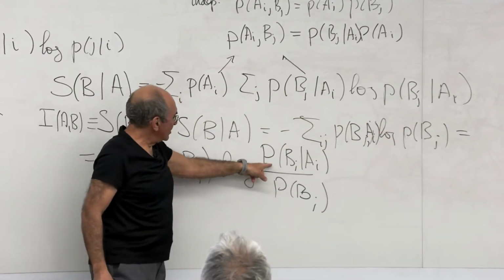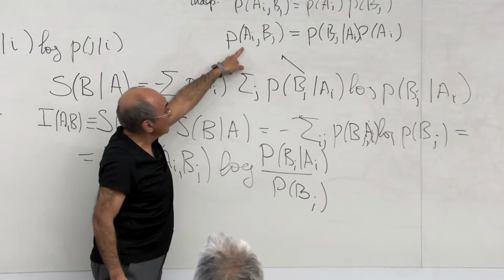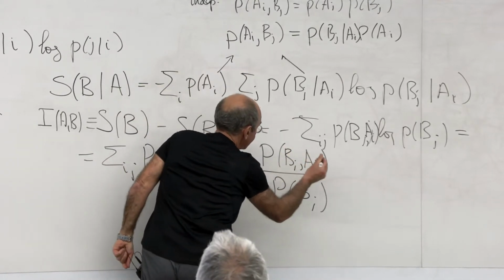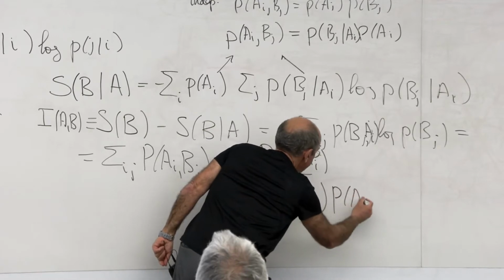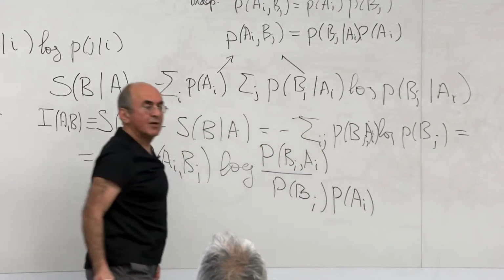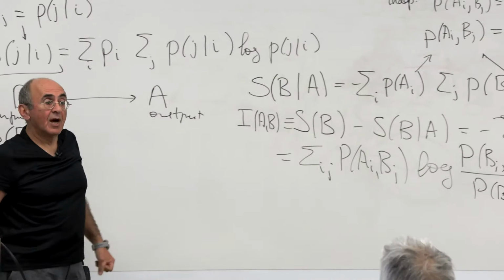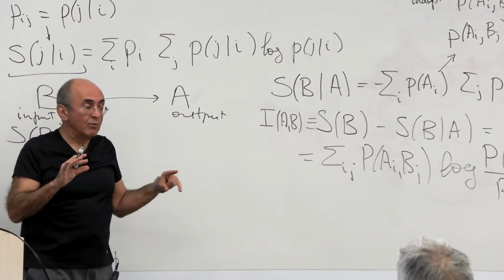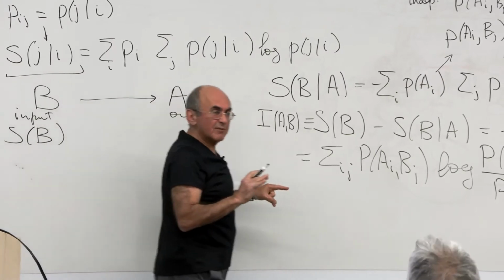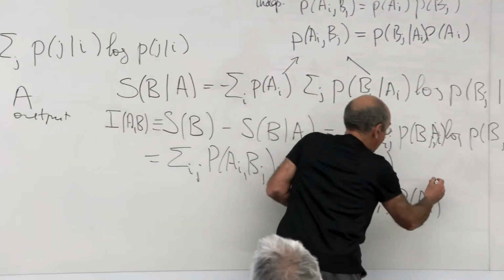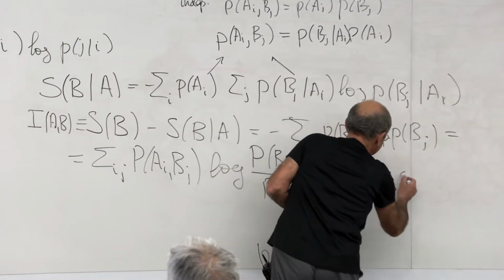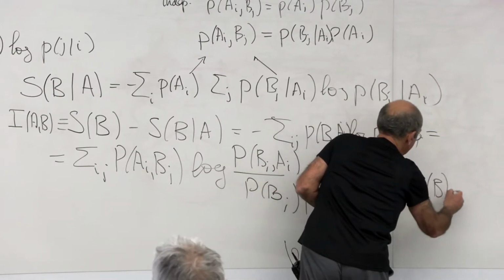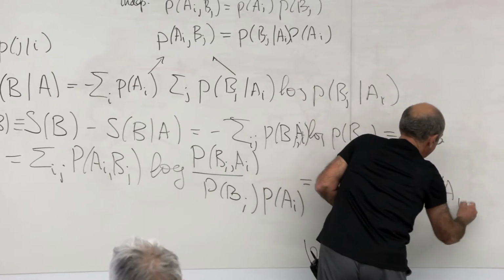But look, this, according to this formula, is nothing but joint probabilities divided by P of A_i, right? So what we got is a beautiful symmetric formula. It's now symmetric with respect to i and j, and is nothing but S of A plus S of B minus S of A and B.